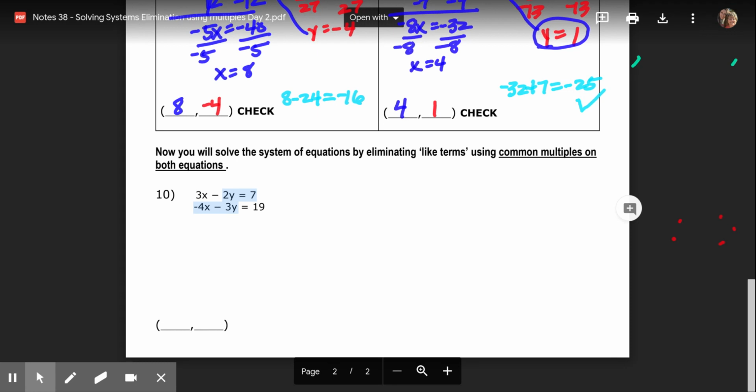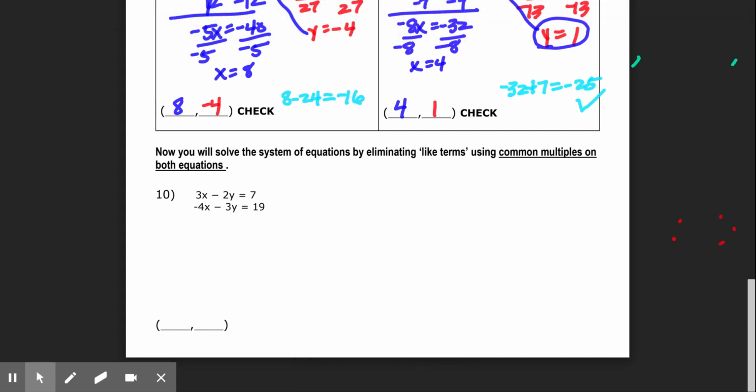Like you would have to multiply the top equation by a 3 and the bottom equation by like a negative 2. So it really doesn't matter what you do. We can go ahead and, I guess, eliminate the x's. Since we've been eliminating the y's on the previous two, let's go ahead and eliminate the x's.